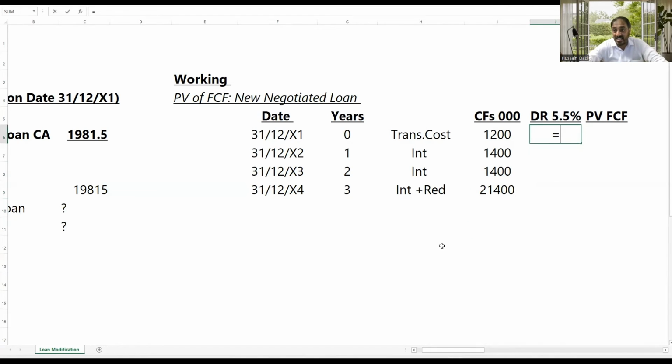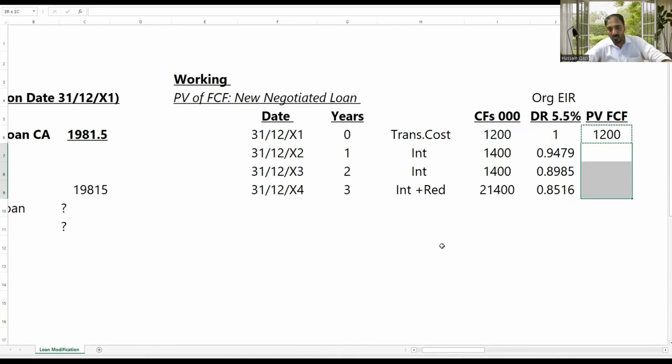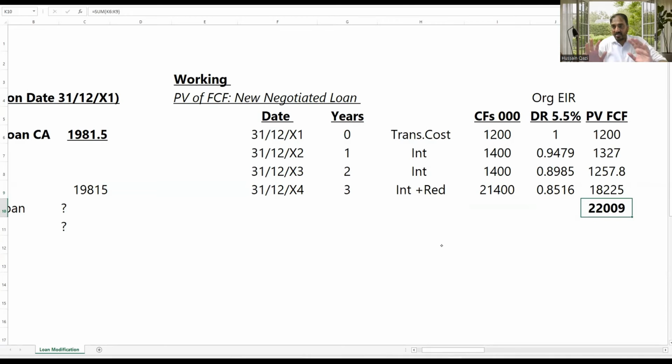Now calculate the discounted value. This is the original effective interest rate, 5.5%, so 1.055 to the power minus this. Now calculate quickly. 1200 multiplied by this. That is 22,009.